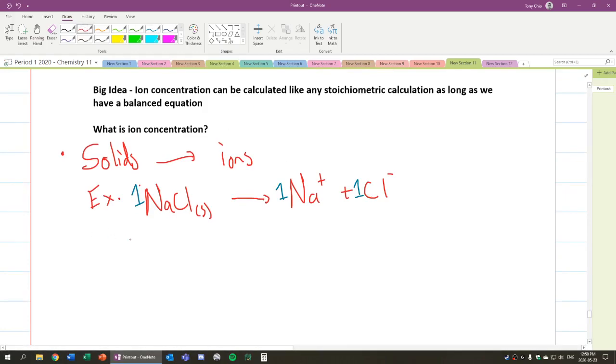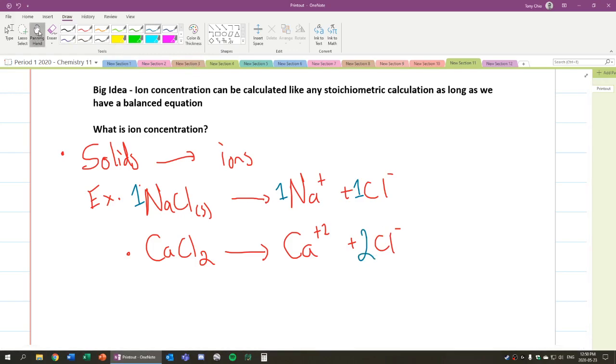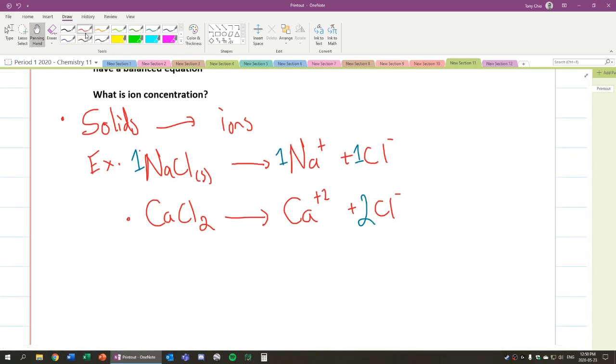Another example is calcium chloride, CaCl2. When this dissociates, it'll be calcium 2 plus and chloride minus. But you have 2 chlorines in calcium chloride, thus you must make it balanced. There must be a 2 here.